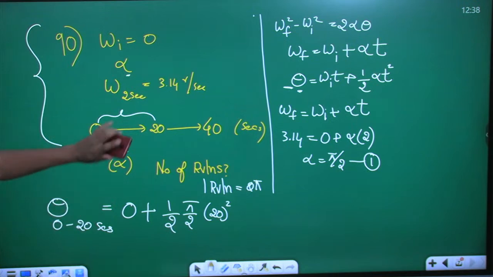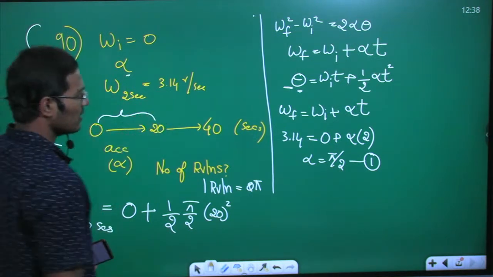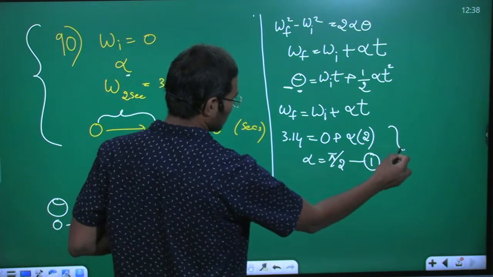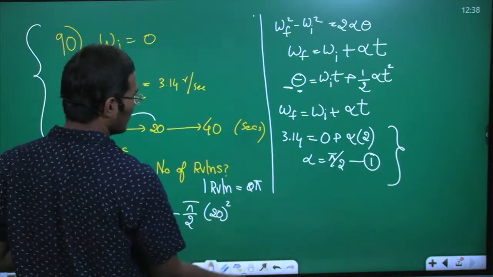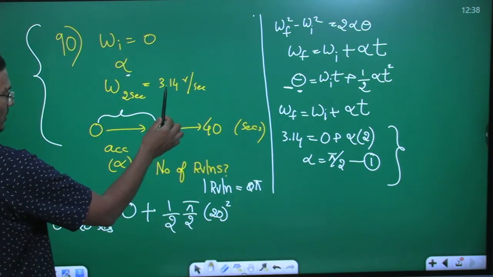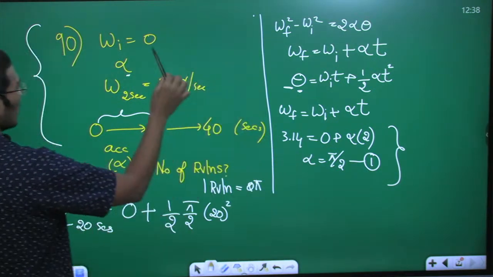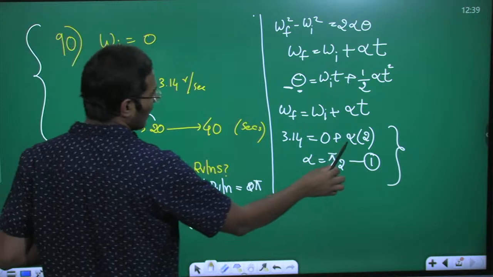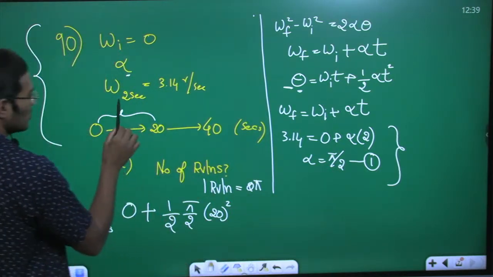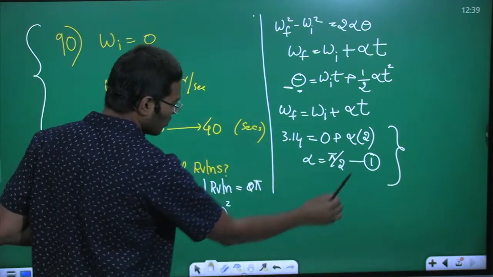So I am using this statement to find alpha. Final omega will be 3.14 radians per second after 2 seconds. Initial will be 0 as it is starting from rest, alpha, and t is equal to 2 seconds. So that is the reason I took 2. Hope you got it.